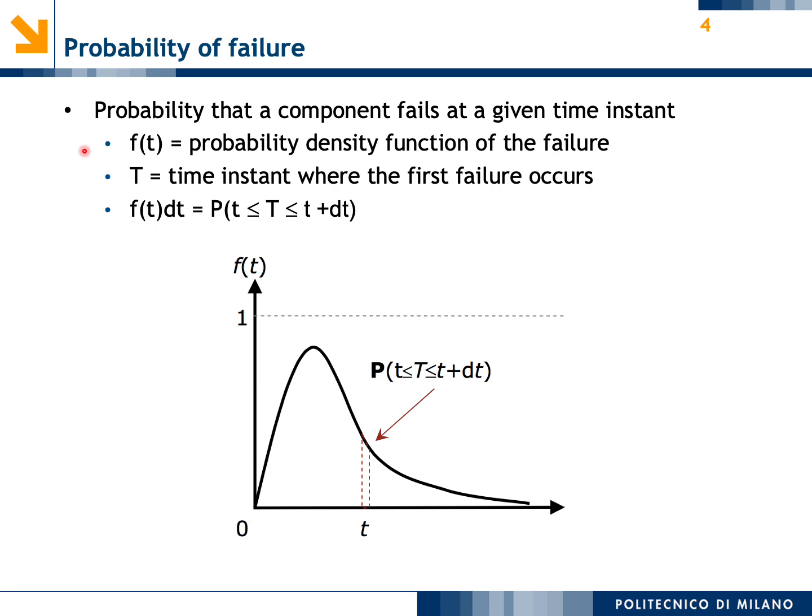This is because we are working in the continuous space. To extract the probability of the failure in a certain period dt, we have to integrate the probability density function f(t) over that period. Then we have the probability that the failure, so the value of capital T, is between t and t plus dt, where dt is the interval of interest.